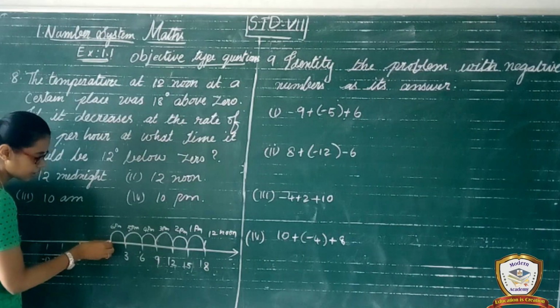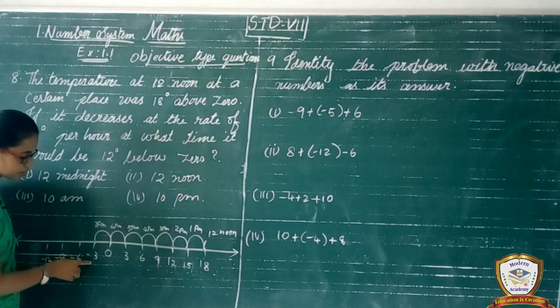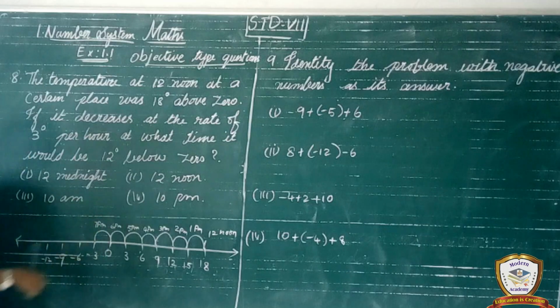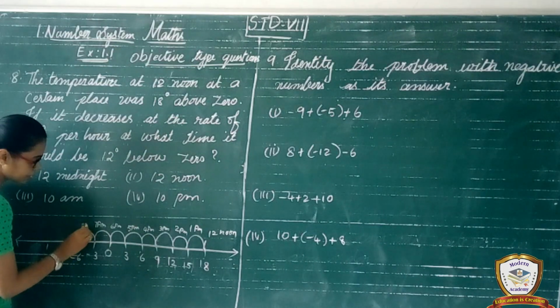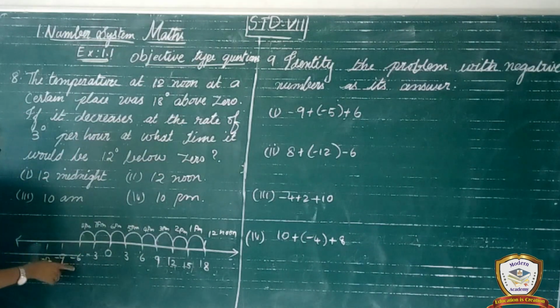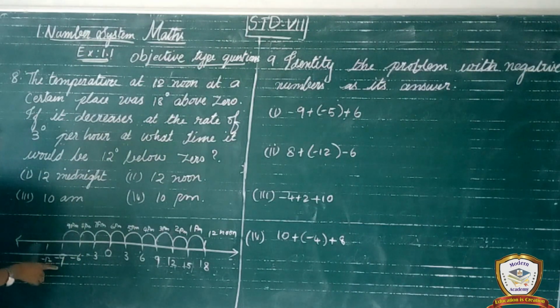Then at 7 p.m. the temperature is -3 degree, because below 0, so that's one thing, minus. The next, at 8 p.m. the temperature is -6, below 0. And next, at 9 p.m. the temperature is -9, below 0.